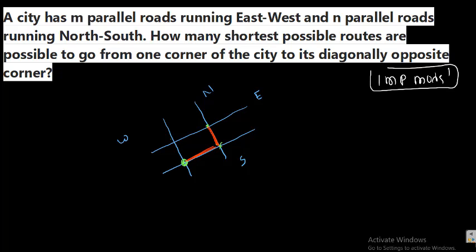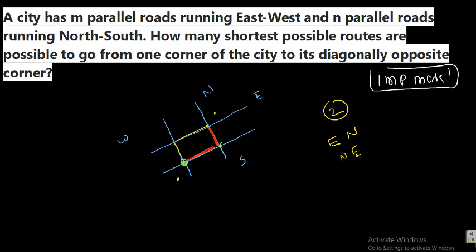The second way is yellow color. To travel from this corner to this corner, you have only two chances: first east then north, or north first then east. So the answer for this problem is 2, when two roads run from east to west and two roads run from north to south.